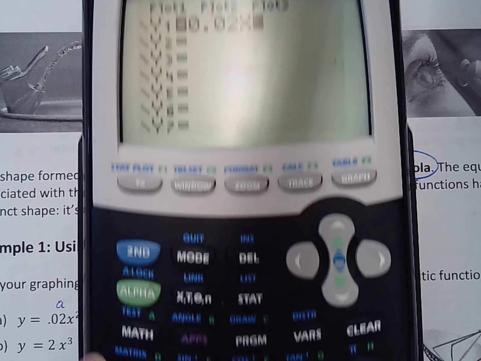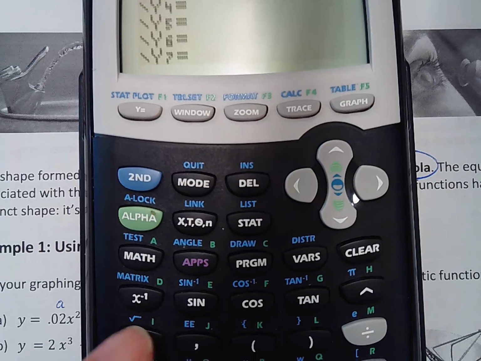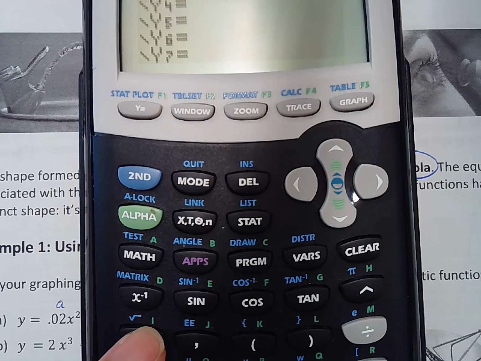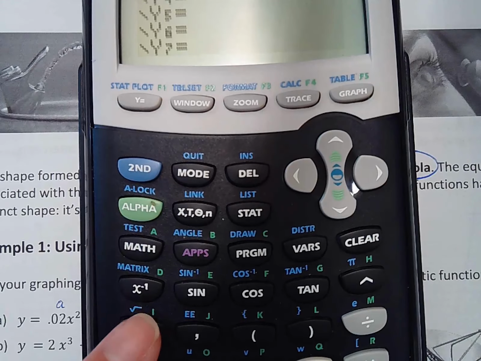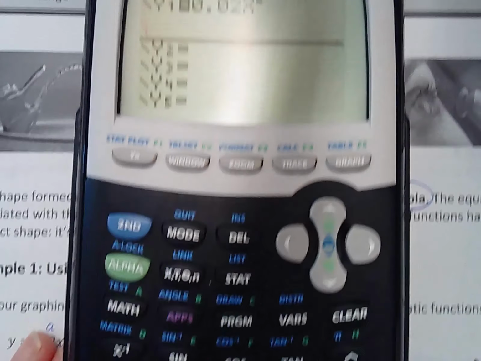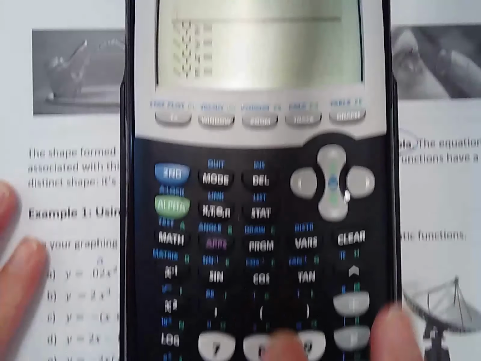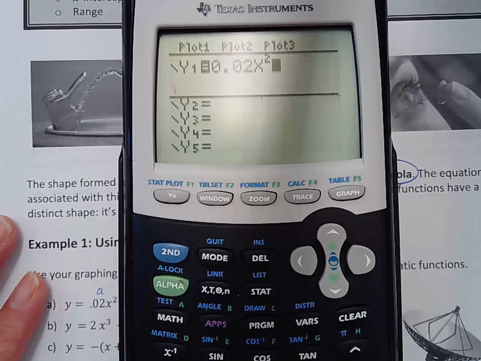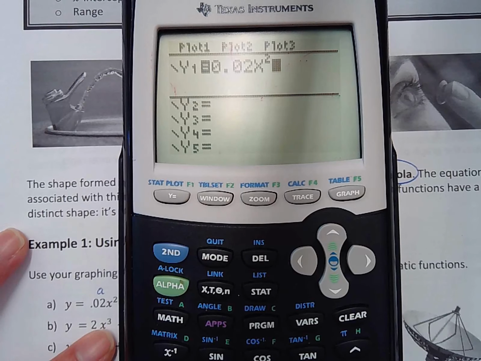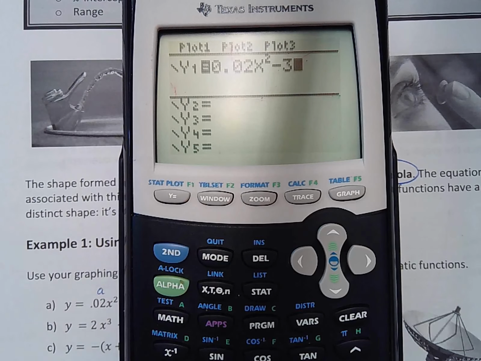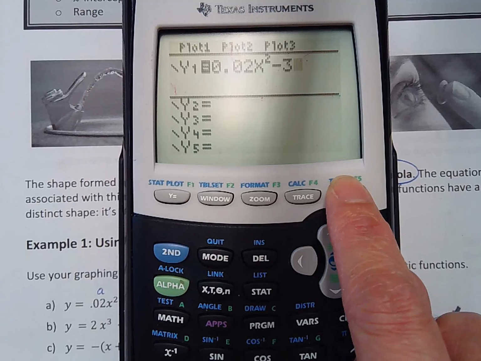You can press the square button if you want, right here. I can zoom it out a bit so we can see the whole thing. I can just go -3 because the calculator knows that it's going to be 0 times x. Now let's press graph.